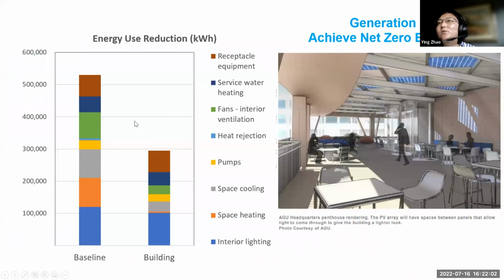So this chart shows their energy savings before applying the PVs. They reduce a lot of heating by insulation and heat recovery. They reduce a lot of cooling with some strategies, and fans.